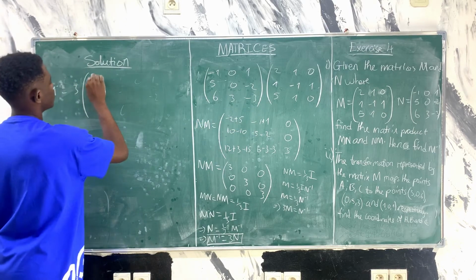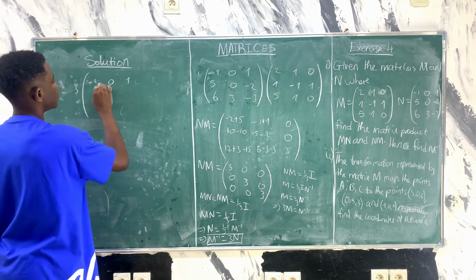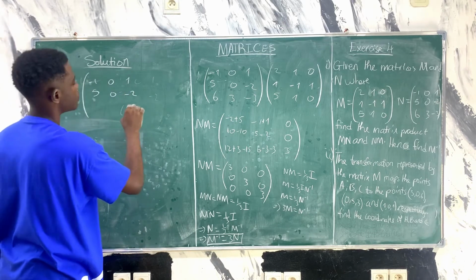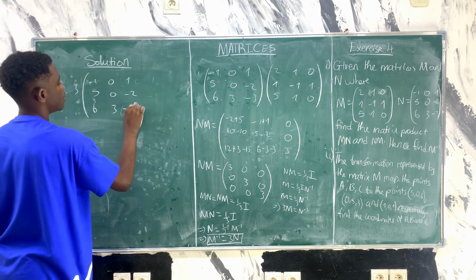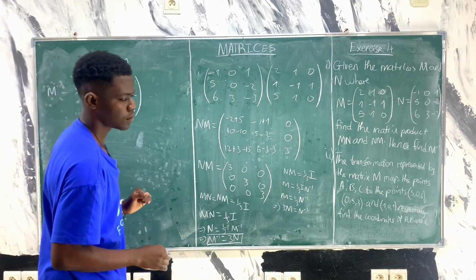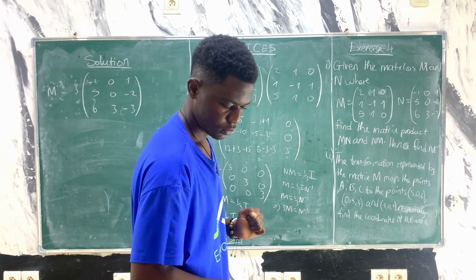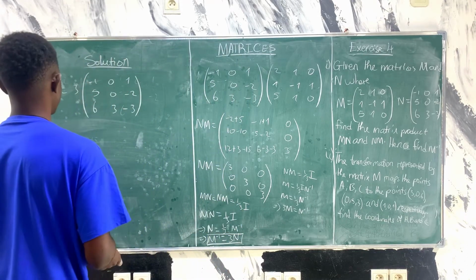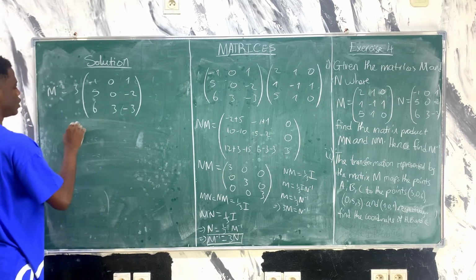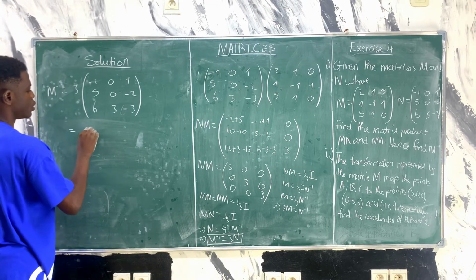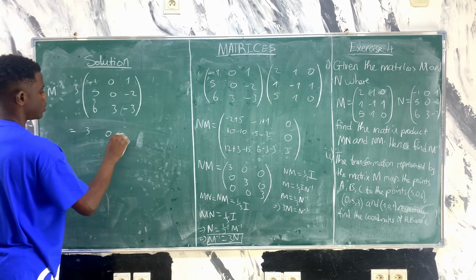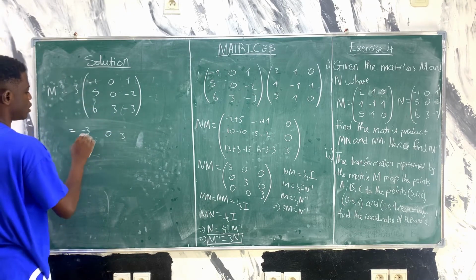n is minus 1, 0, 1, 5, 0, minus 2, 6, 3, minus 3. That will be equal to 3, 0, 3, minus 3 actually.